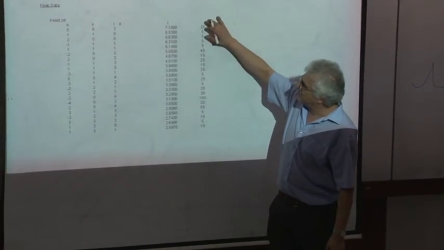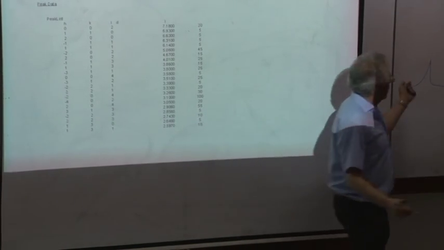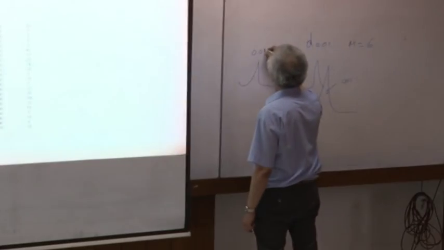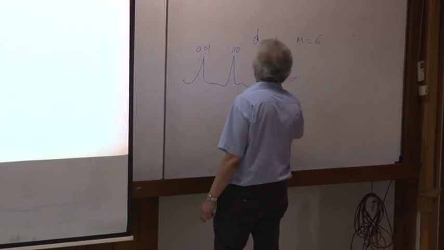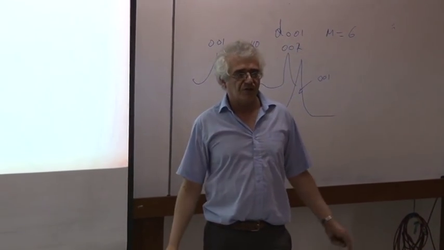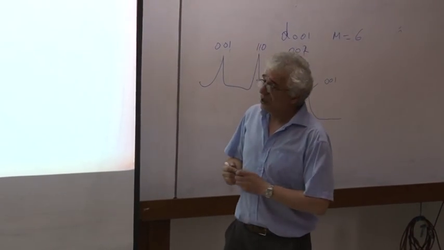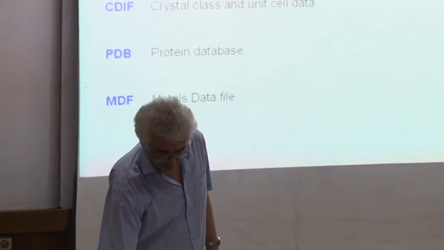We compare that with our observed pattern and say, oh yes, this is 001 and this is 110, 002, let's say, until we've indexed half a dozen reflections, maybe more. You can then refine your Unitcell dimensions.